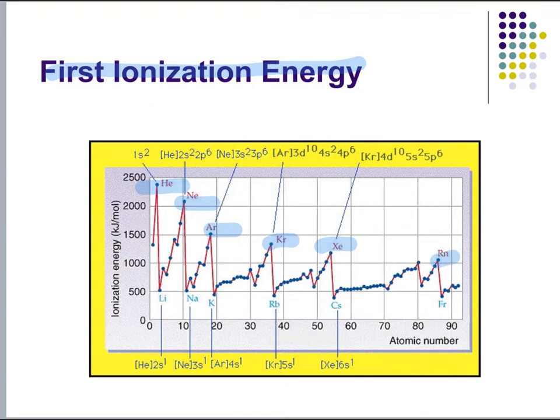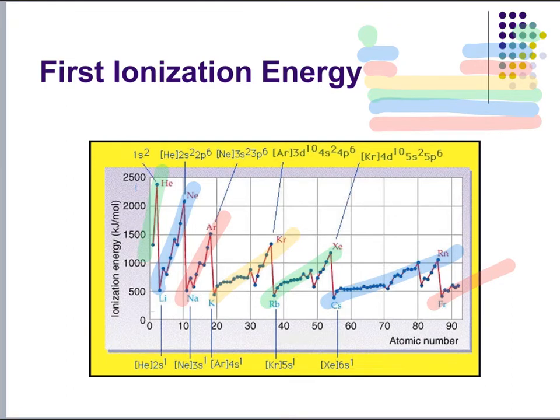These are our noble gases. These are things that are the furthest on the right on the periodic table. So as we just discussed, if it's the furthest to the right, it's going to have the most protons in its group across. So when we see those peaks, we can tell from those rows on the periodic table that those elements would have the highest amount of ionization energy from that set.